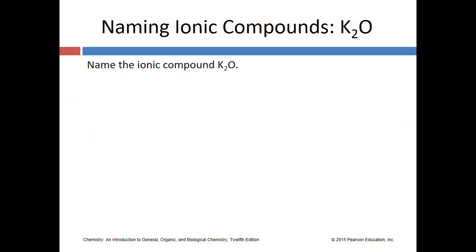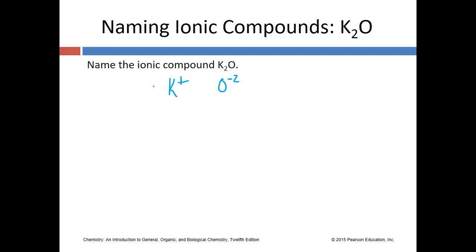K2O. Let's name this thing. So, working backwards, we could use the periodic table and say, okay, potassium is in group 1A. It's going to be a +1. Oxygen's in group 6A. It's going to be a -2. We can also reverse that crisscross and get to the same results as well.